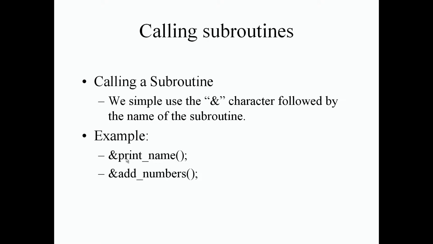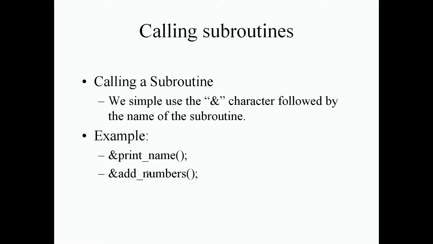I just used letters and an underscore character. So I used a mixture of both to define my subroutine, which is print_name. And I set up another one for add_numbers. I'll show you guys how to use these in our examples as well.